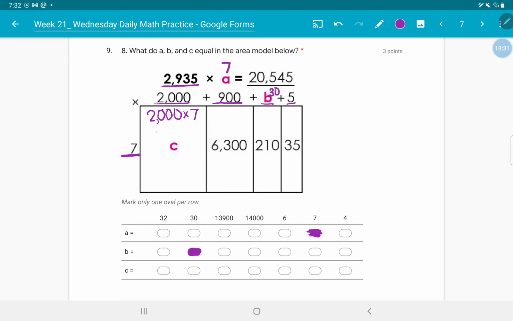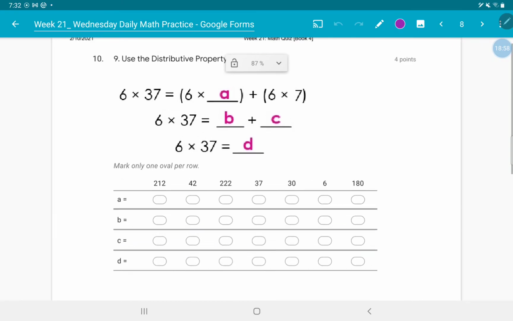I know that 2 times 7 is 14, and I need to put the 3 zeros at the end. So C is equal to 14,000. Then if we added all of those partial products together, we would get 20,545 for the product.